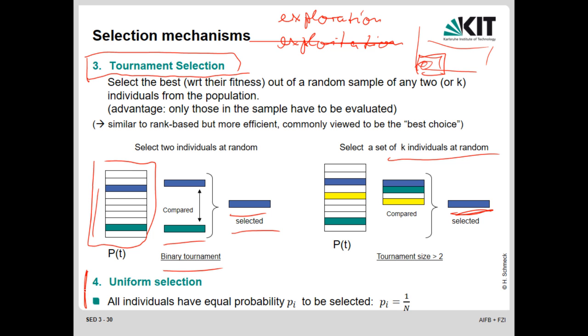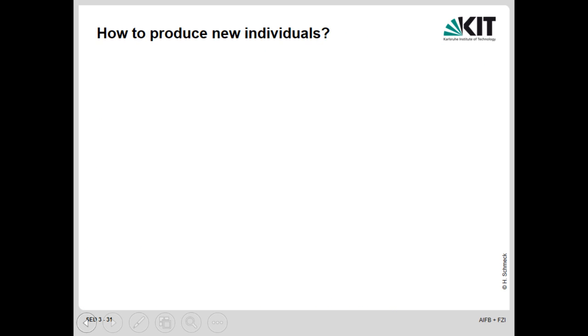Then you could have uniform selection, just equal probability, no preference, no selection pressure towards the better ones. For some situations that can also be positive, but normally, as I said, tournament selection, usually with a tournament size of 2, has quite good performance. Okay, so that's selection mechanisms. There are even more selection mechanisms than the ones that I have told you, but those are the major ones.